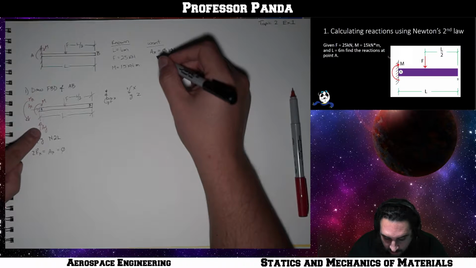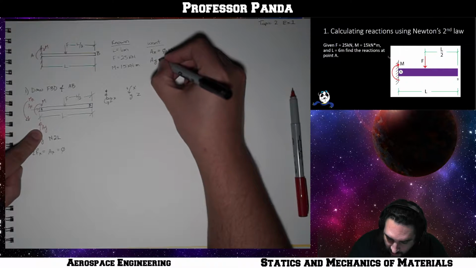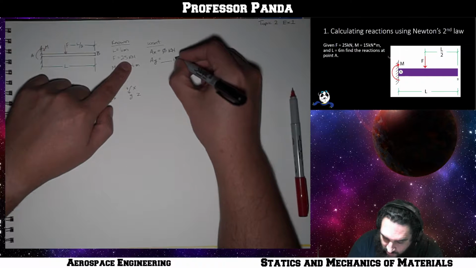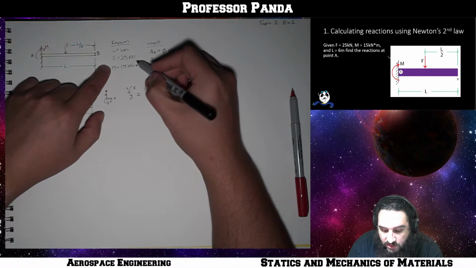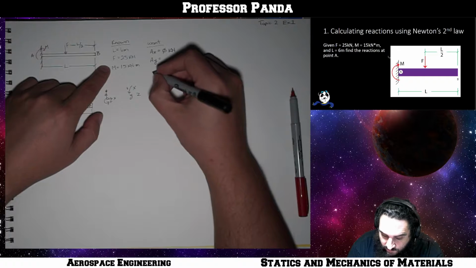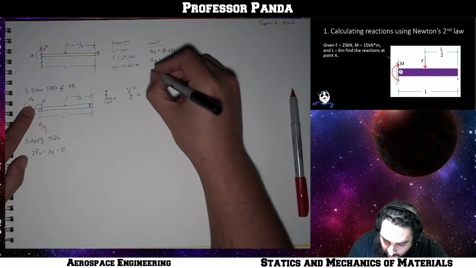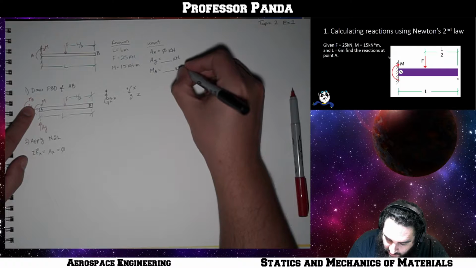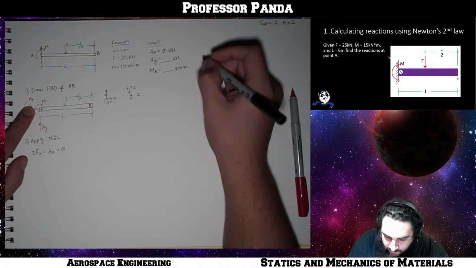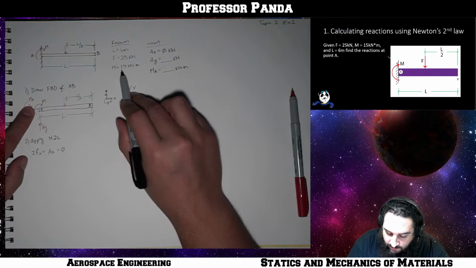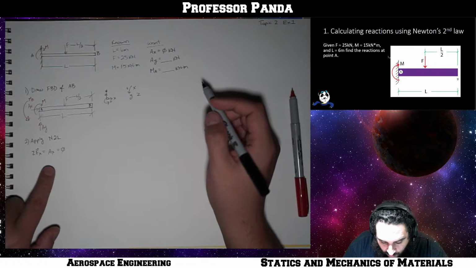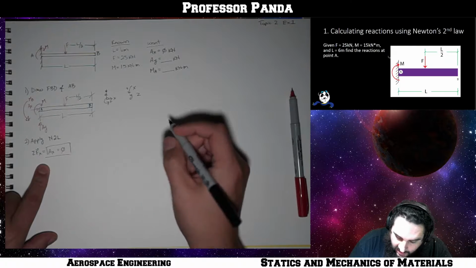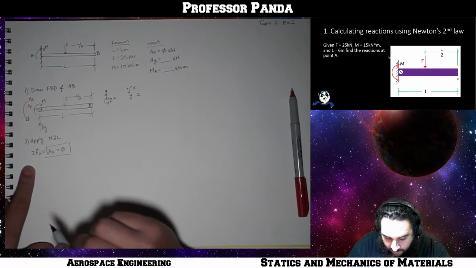And I'm going to need AY equal to something in kilonewtons, and we also have the moment about point A, which is going to be something in kilonewton meters, just like this M. Okay, so AX equal to 0, so we can go ahead and box that answer, report it up there.